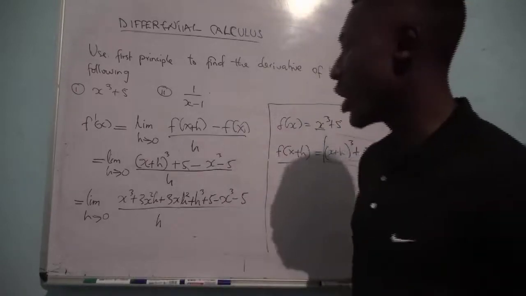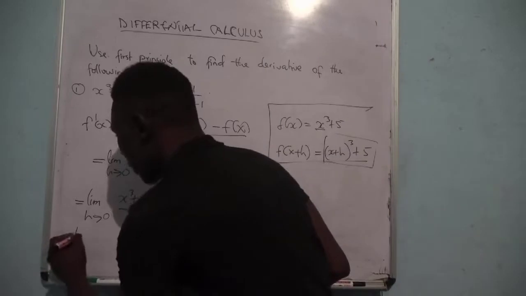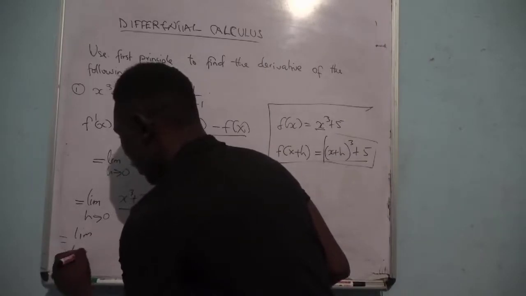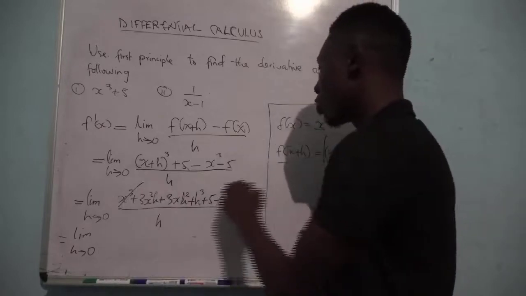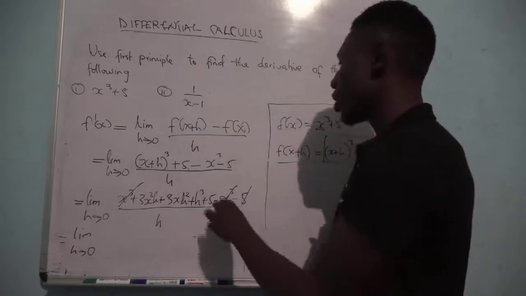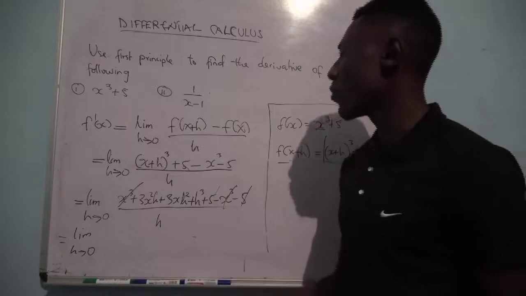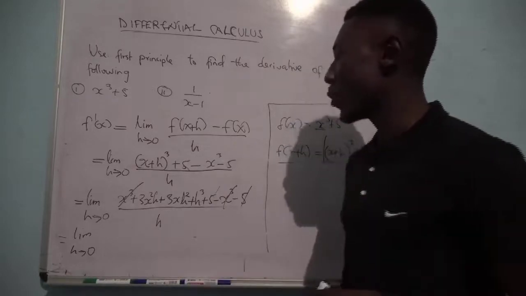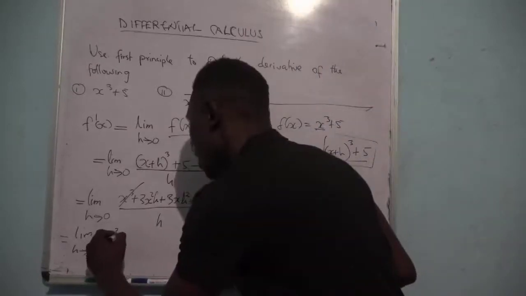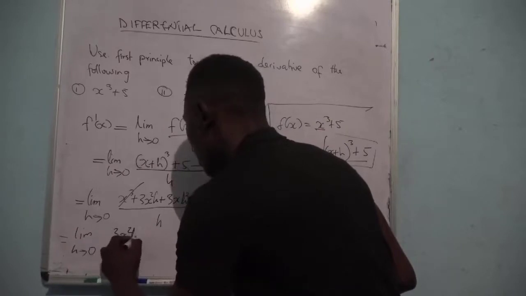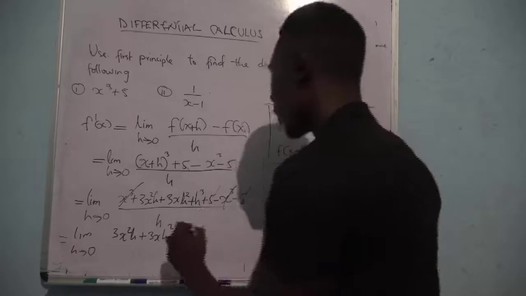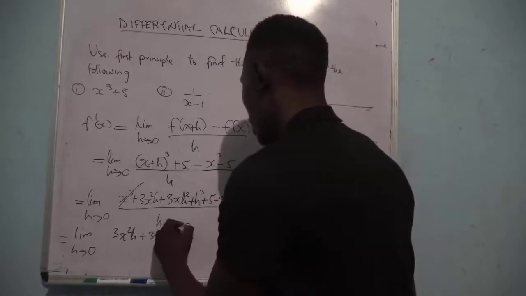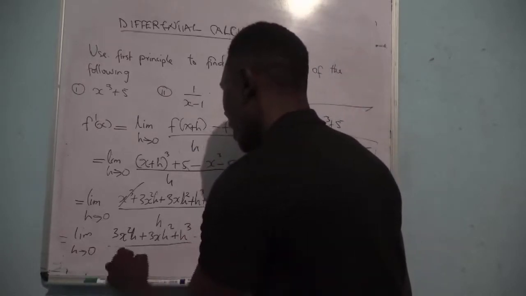Then we have the limit as h approaches 0 of, x to the power 3 will cancel with x to the power 3, 5 will also cancel with 5, which means we only remain with terms that have h in them. So we have 3x squared h plus 3x h squared plus h to the power 3, over h.